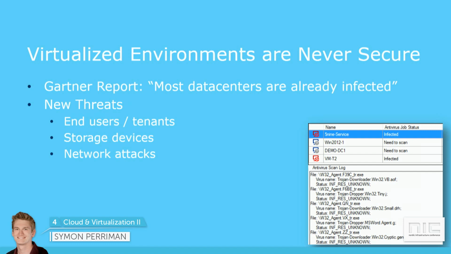So what are the most common ways that they arrive? Well, first, probably the most common, especially for service providers and VDI, is the actual end user. If you think about what these end users are, if you're doing VDI or you're a service provider, it's basically someone borrowing the hardware for a couple hours. They don't really care about security as much, especially if you're renting this out to the public.